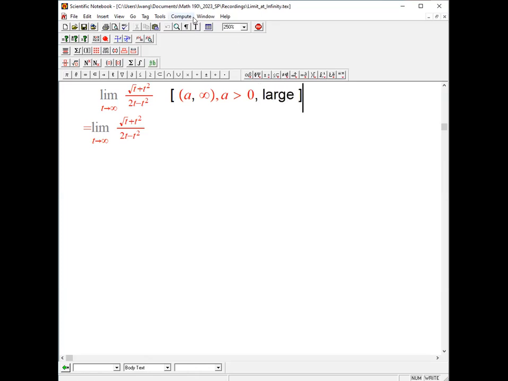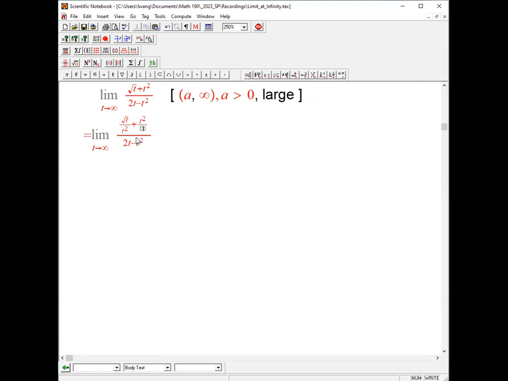So that is the situation we're working with in that expression. So when we divide every term by t squared, we divide the top by t squared, and we divide the bottom by t squared as well.